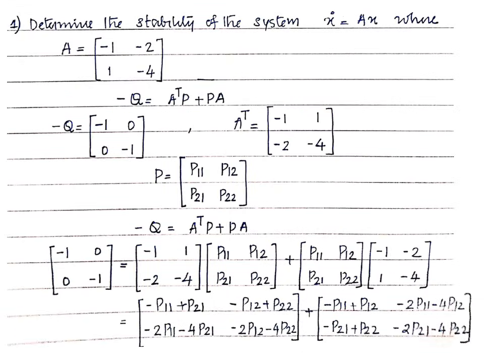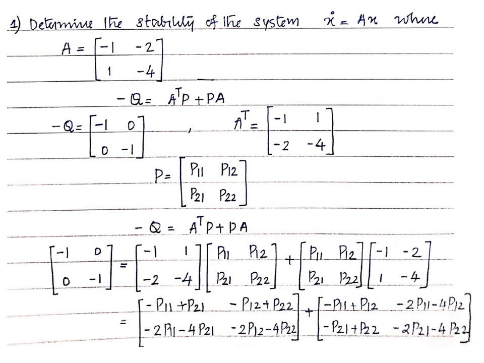Next, we can solve one problem relating to the Lyapunov direct method. As a question, we have to find the stability of the system with x dot is equal to Ax, where A is the matrix shown in the figure. We know that minus Q is equal to A transpose P plus PA, and minus Q is the identity matrix, so minus Q becomes minus 1 0 0 minus 1. Then take the transpose of matrix A, that is A transpose.